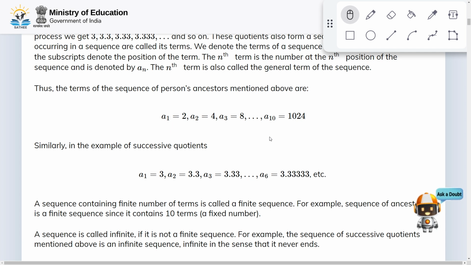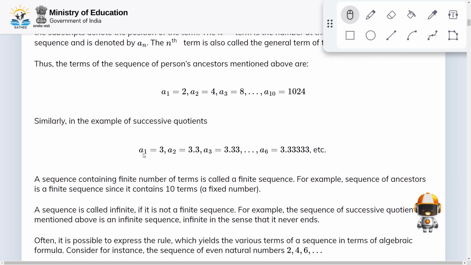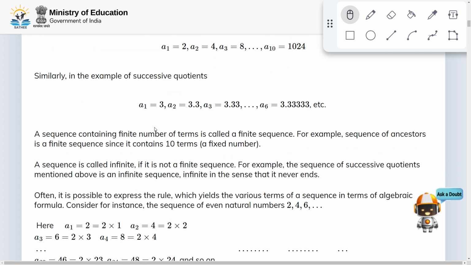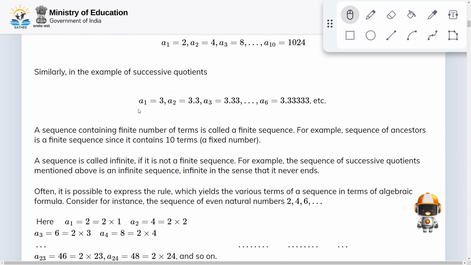Similarly, in the example of successive quotients, you will have the first term as 3, second term as 3.3, third term as 3.33, sixth term as 3.33333, etc.